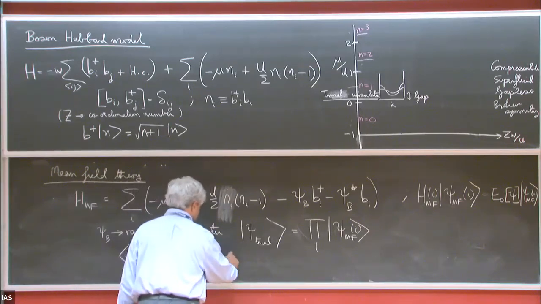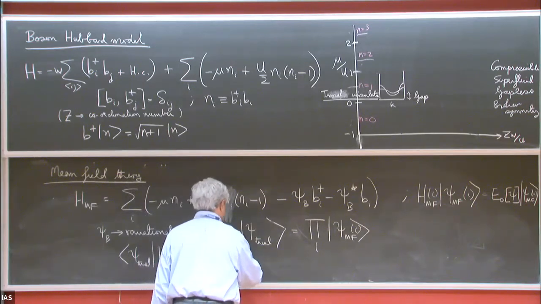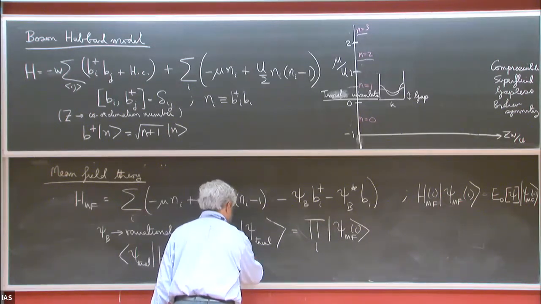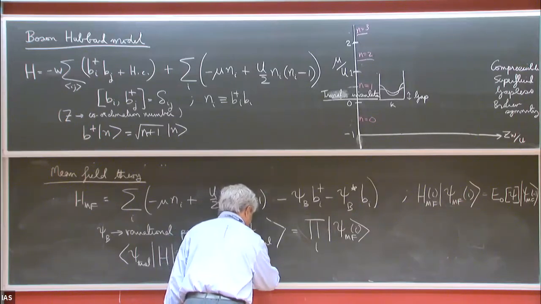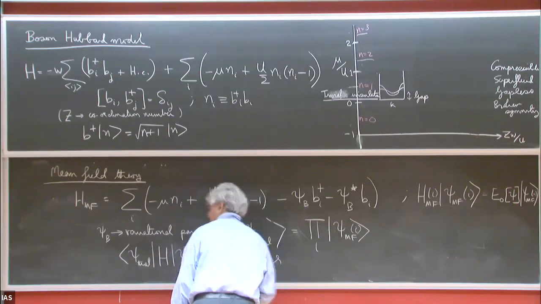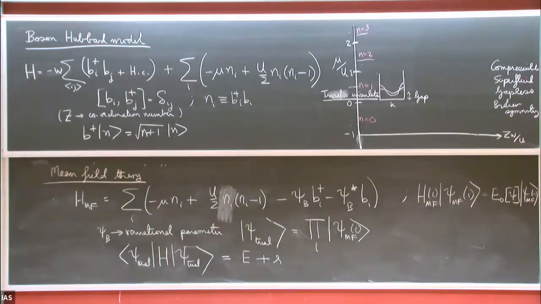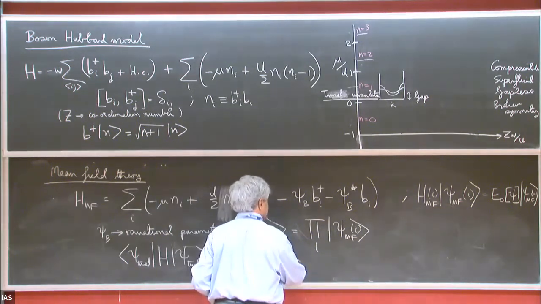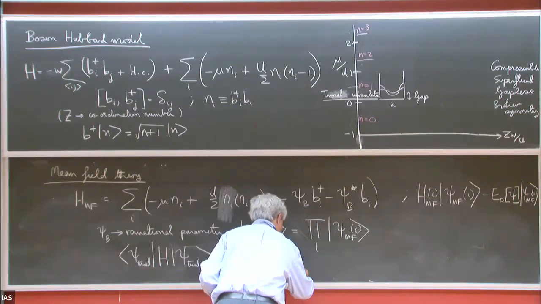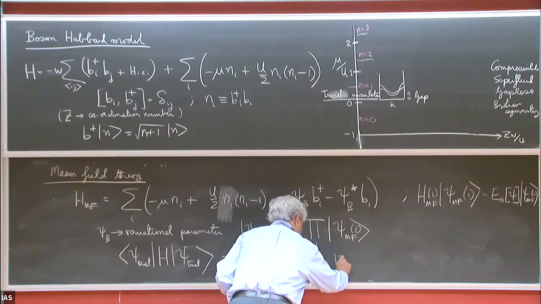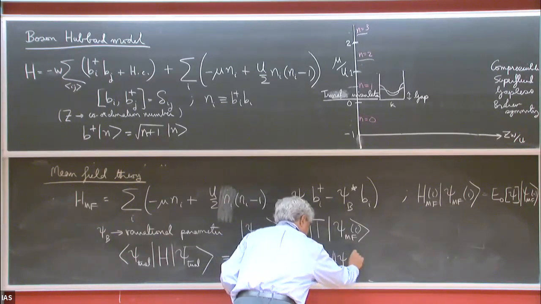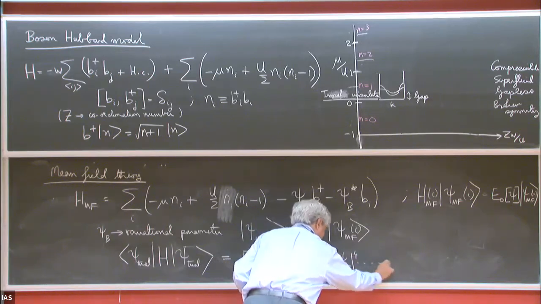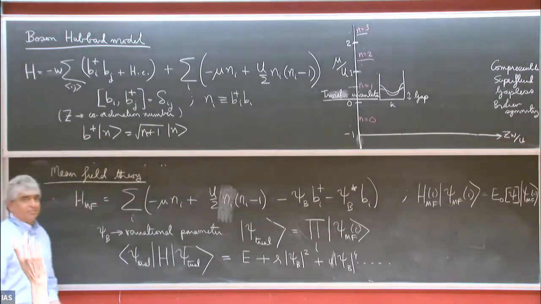So this trial energy I'm going to say is some function, some constant, let's call it E, and then there'll be, as in the notes, plus R times mod psi B squared plus a term of order psi B to the fourth, u, and so on. So what we do is we pick a psi B.